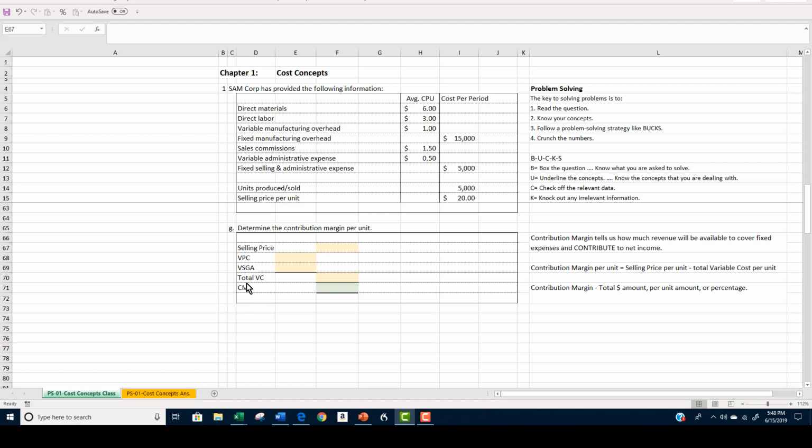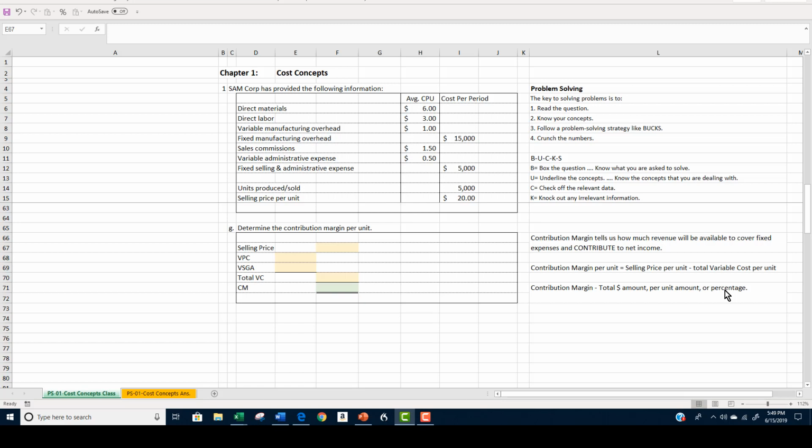This amount contributes towards covering fixed expenses and then towards the profitability for the period. When discussing contribution margin, we can talk of it in terms of a total dollar amount, or a per unit amount, or as a percentage. The percentage is called the contribution margin ratio.